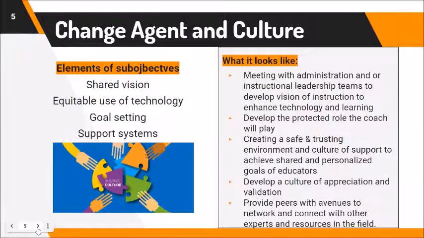So we must meet people where they're at. We must appreciate their growth and their transformation and validate them in the things that they're doing, and as well, provide peers with avenues to network and connect with other experts and resources in the field. These are those things that a coach should do in order to be a change agent.